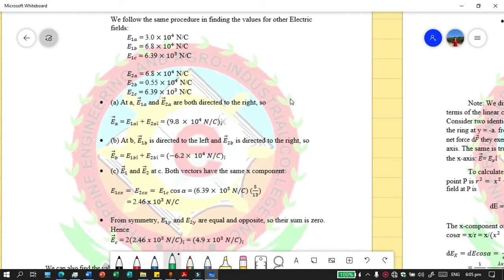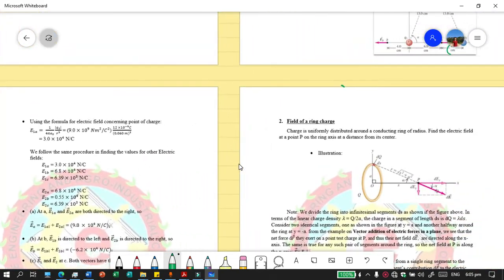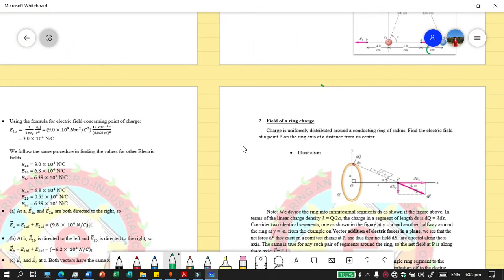So, let's proceed. Again, ha? Naging negative yan dahil yung E1B natin is negative. It is because going to the opposite direction. I-minimize nga natin para maklaro ninyo. Ito siya is simply this one. It is going towards the negative direction.